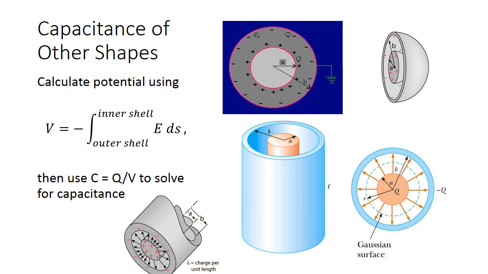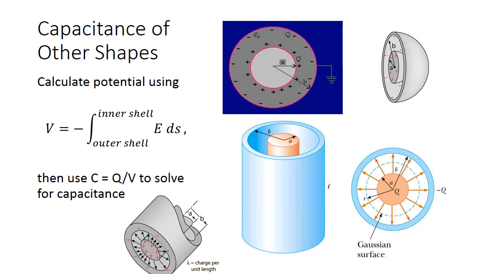Ooh, I don't like that picture. The picture makes the inside dark, makes it seem like it's a conductor, but it's not. In that picture, that space is just empty space, and the only conducting parts are those two magenta circles. Those are the conducting shells.